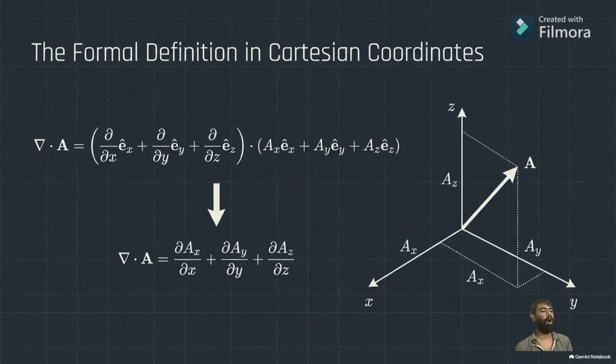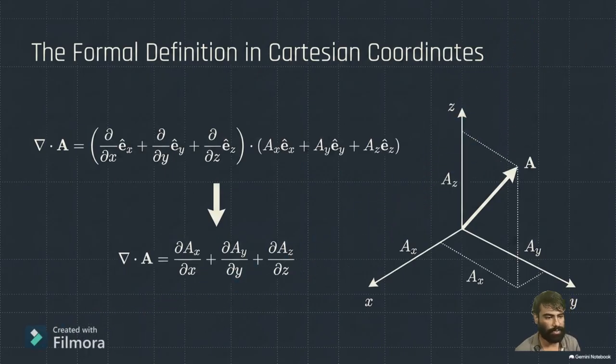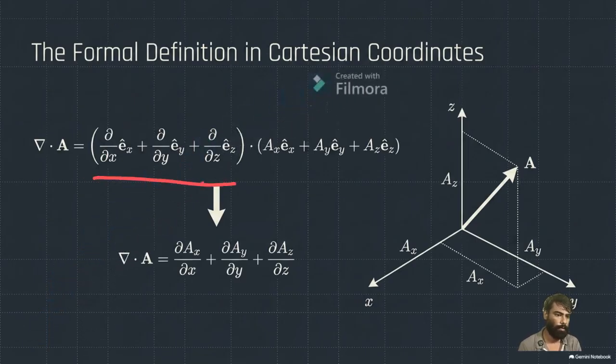Now, how can we mathematically define the divergence? We defined the del operator previously, and this is our del operator: del/del x e_x plus del/del y e_y plus del/del z e_z.